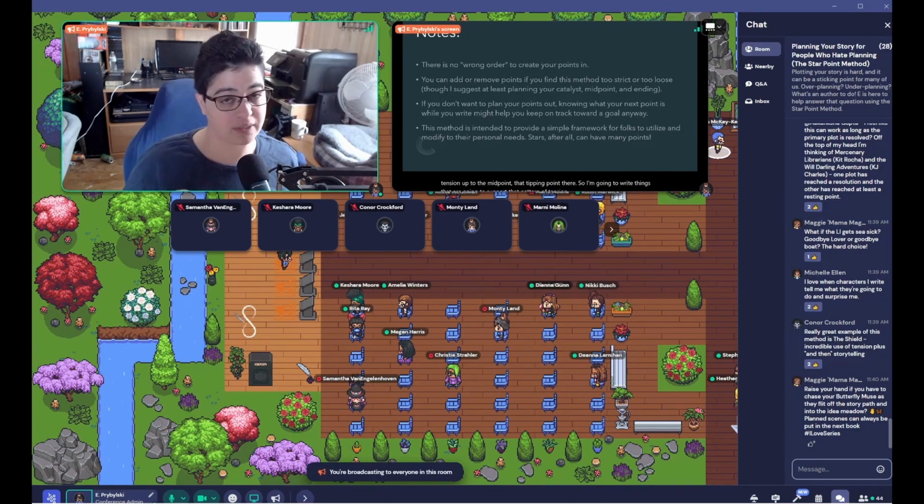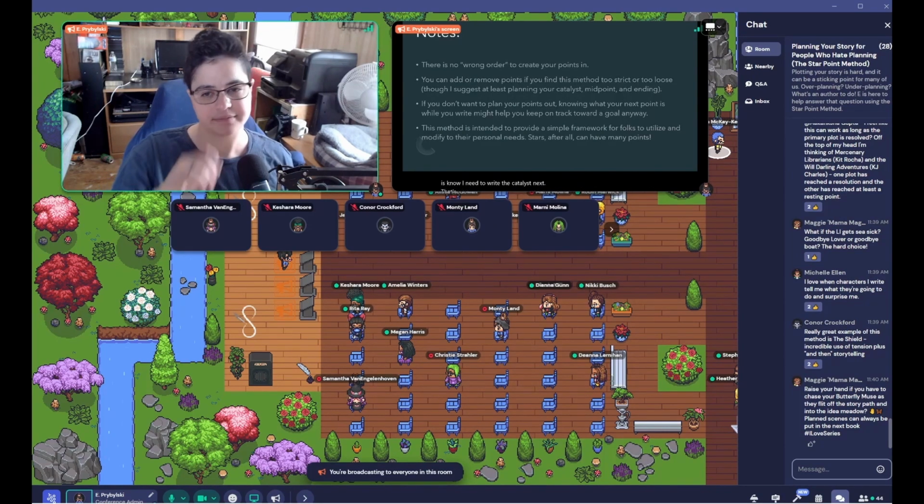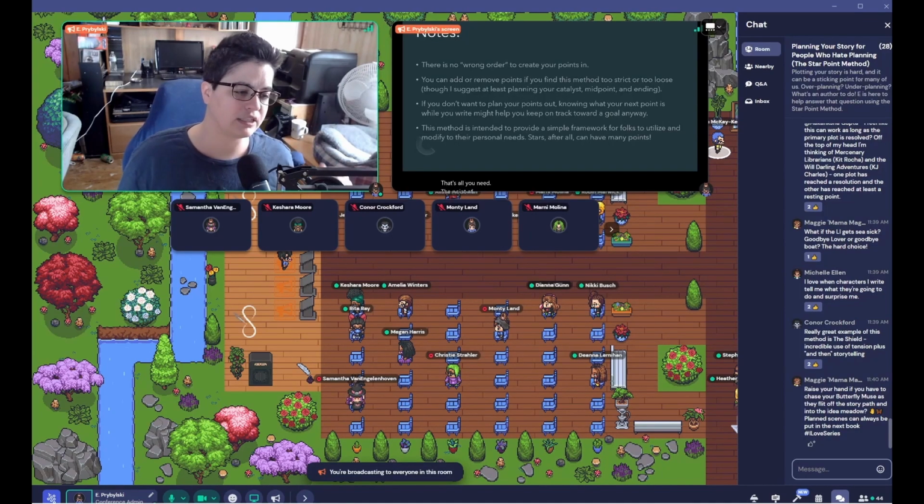Being neurodivergent, we like patterns. So if you don't plan out what your points are, you can still use this method. There is nothing stopping you. Even if all you do is know, I need to write the catalyst next, it's all you need.